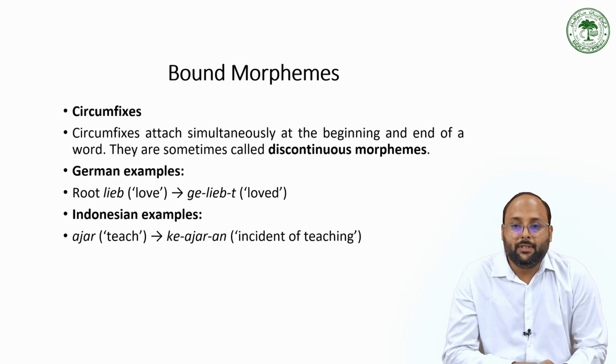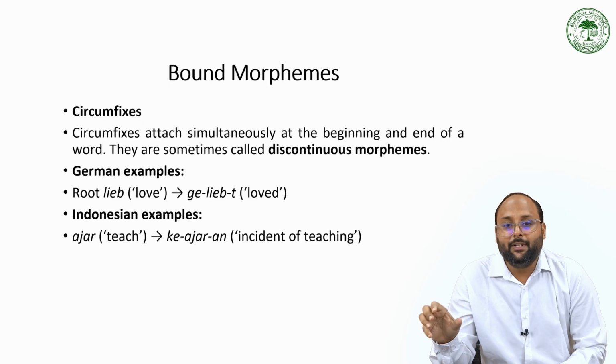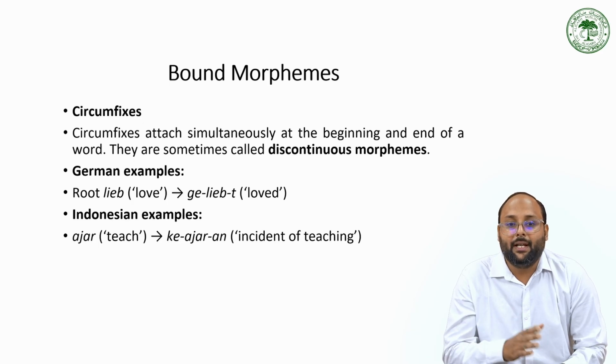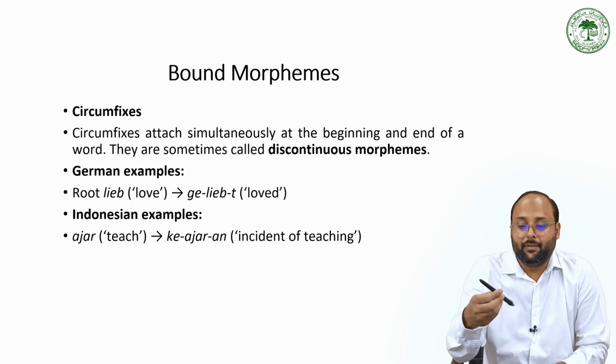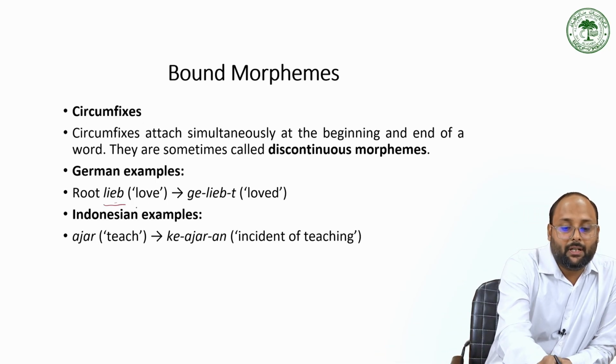Now come to the circumfix. We have already discussed that circumfixes are attached simultaneously at the beginning and the end of the word. Circumfix means the two parts of the affix are attached simultaneously to one word. One part is attached at the beginning and the other part at the end. For example, in German we have lieb for love.